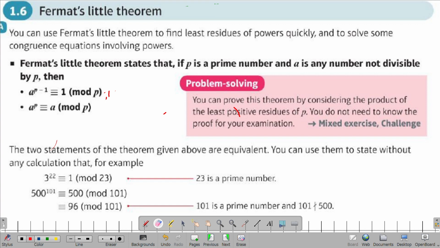All right. So let us look at what exactly it helps us in solving these equations. Let's look at the next example.